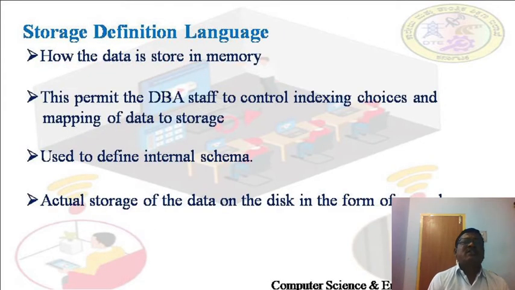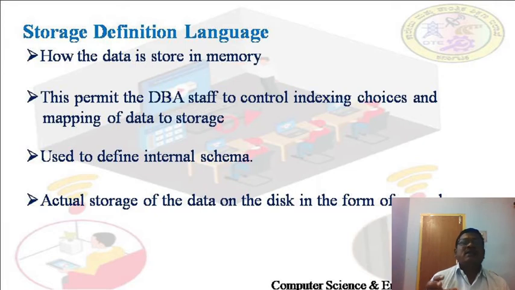Then storage definition language. In this, how data is actually stored in the database, that means how the data is stored in memory. By using this language, the DBA staff can control indexing choices and mapping of data to storage.